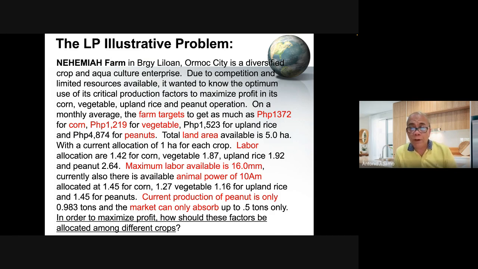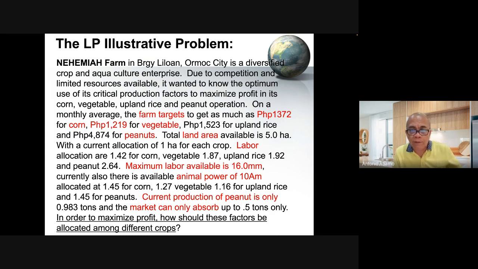Total land area available is 5 hectares. Okay? With the current allocation of 1 hectare for each crop, labor allocation are 1.42 for corn, and then 1.87 for vegetable, and 1.92 for upland rice, and of course 2.64 for peanut.